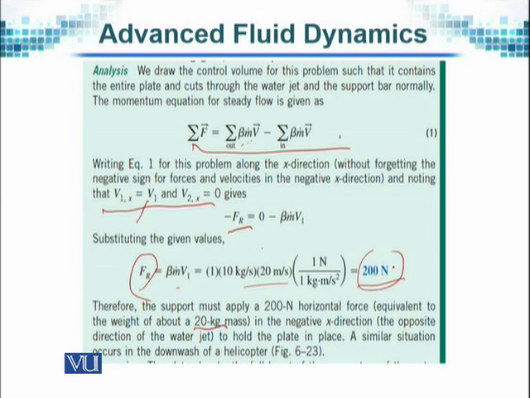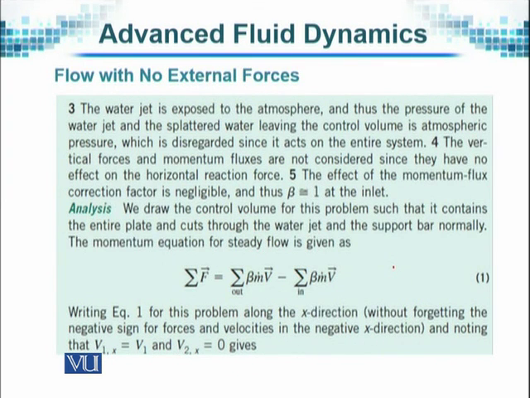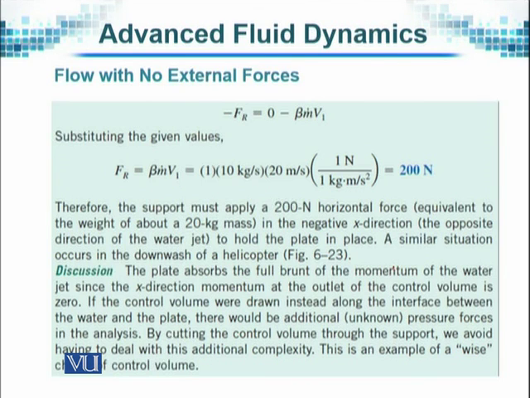So the value of Fr is 200 Newton. The support must apply a 200 Newton horizontal force in the negative direction so that the force of the fluid is withstood by the plate and it is kept in place. Of course, the other things are rather trivial, and we have arrived at the solution the question wanted.